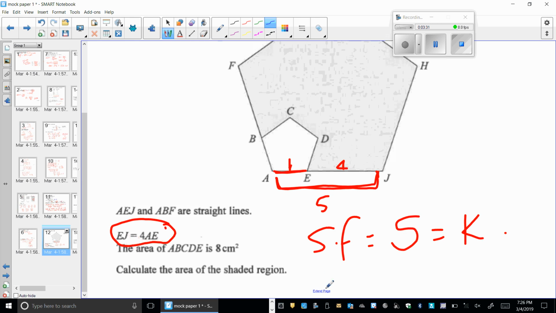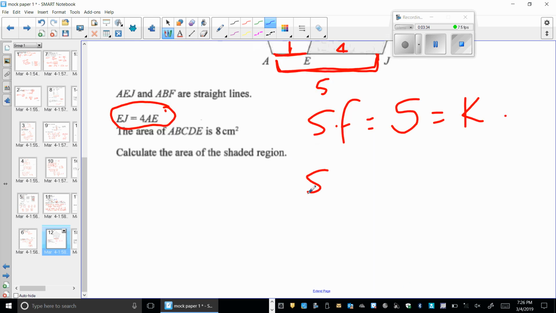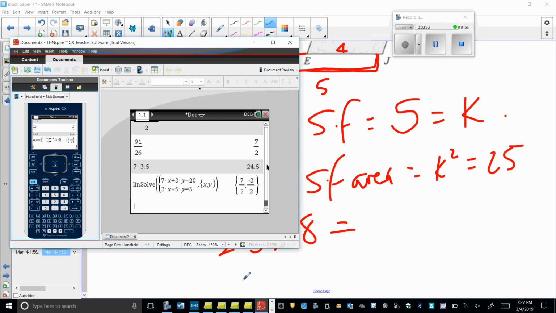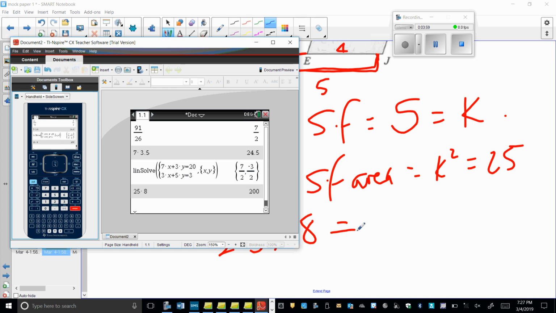The scale factor for area, therefore, is K squared, which is 25. So if the small shape is 8 centimeters squared, then the large will be 25 multiplied by 8, which is 200.